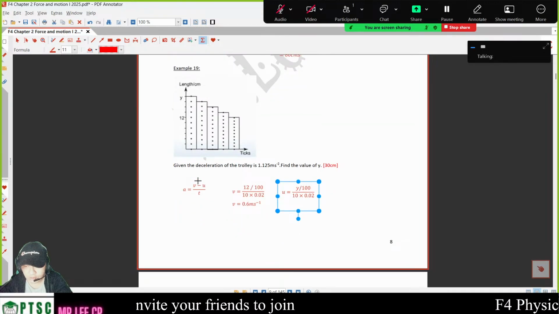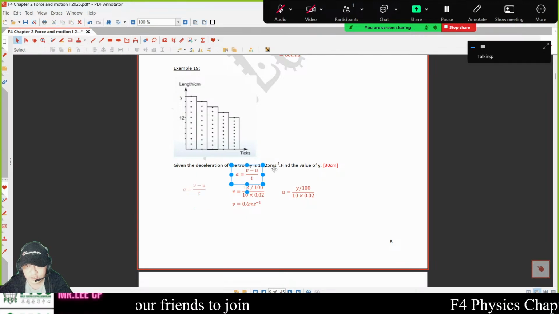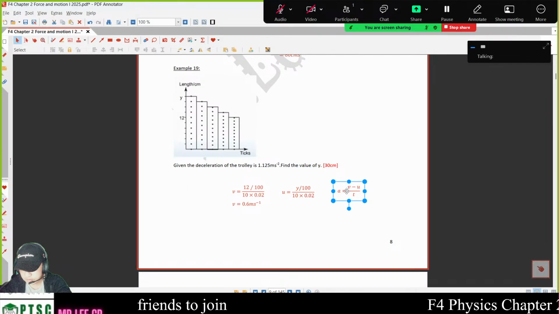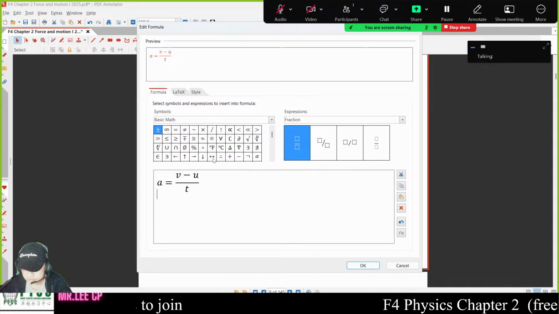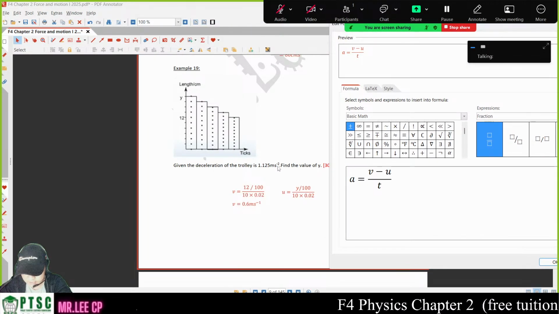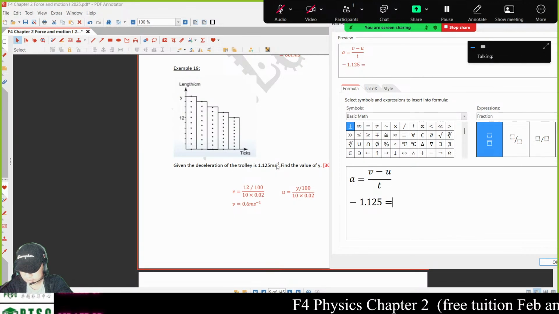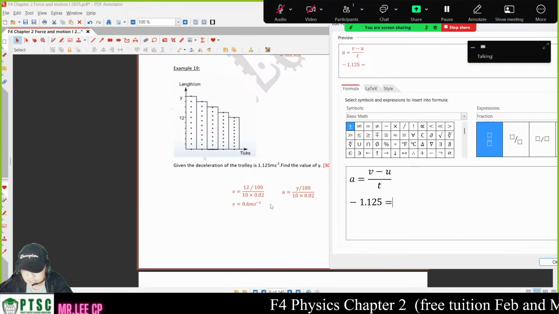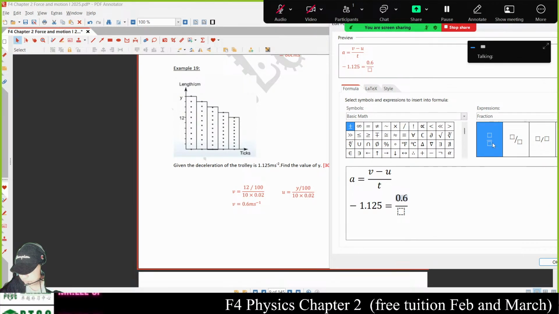So now a is equal to (v - u) / t. I bring this one to here, easier for me to calculate. A is deceleration, negative, so I have to put in negative 1.125 is equal to v, which is 0.6, minus u.